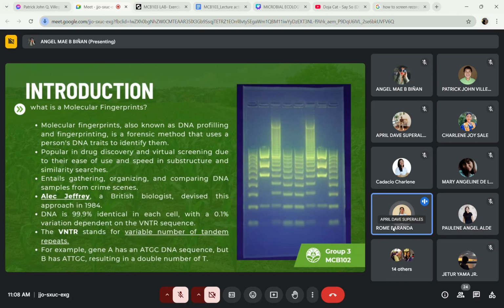Now, VNTR stands for variable number of tandem repeats, wherein, for example, gene A has an ATGC DNA sequence, but gene B has ATTGC, resulting in a double number of T. So that T is the variation that is coded in our genes as individuals.